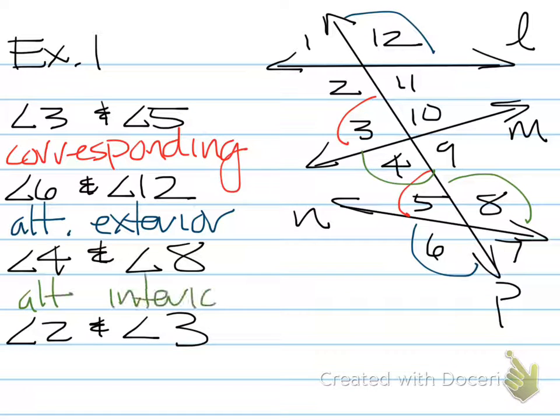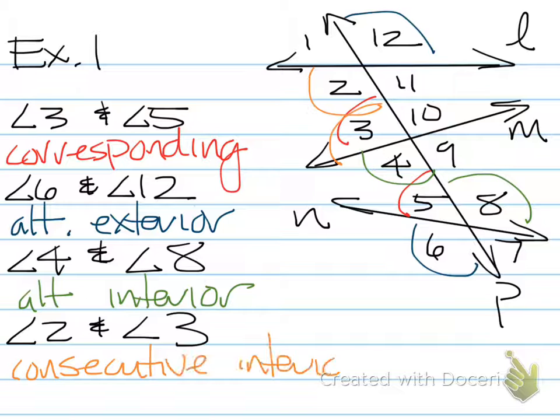Angle 4 and 8, they're on alternate sides of the transversal. They are both interior, so they would be alternate interior angles. And then angles 2 and 3 are on the same side of the transversal, and they're both interior to the two intersecting lines, so they're consecutive interior angles.